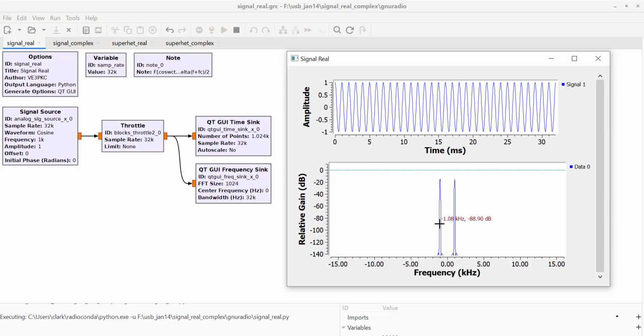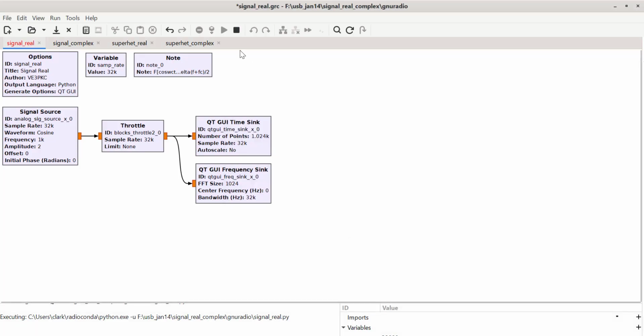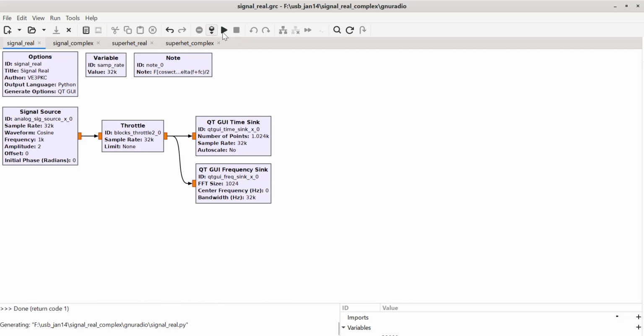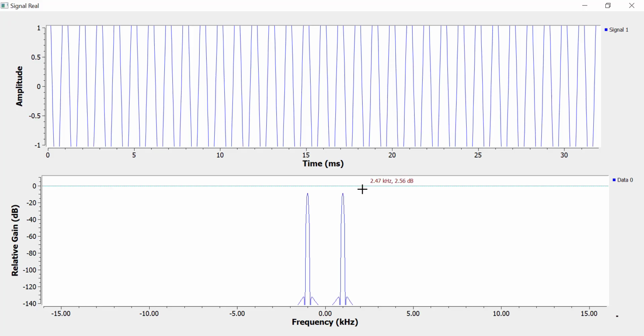And the relative level here is about minus 15. If I was to double the amplitude here, 20 log of 2 is about 6 dB, so that'll give you a relative amplitude of about minus 9 now, so it's gone up by 6 dB.